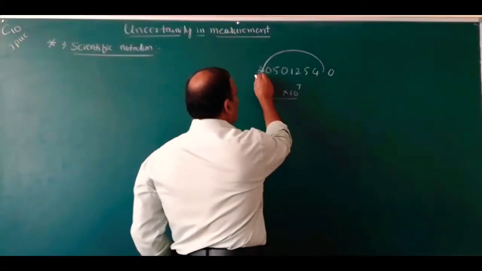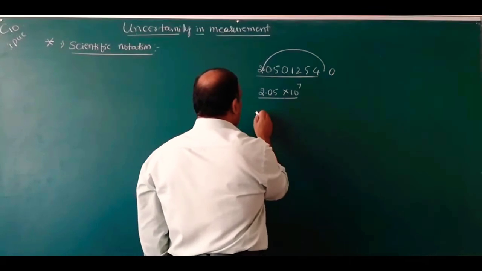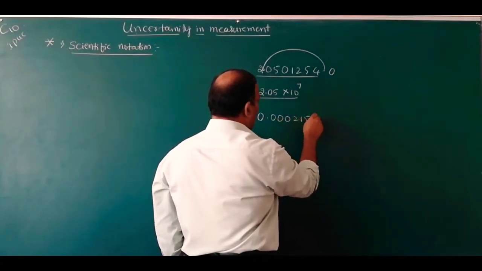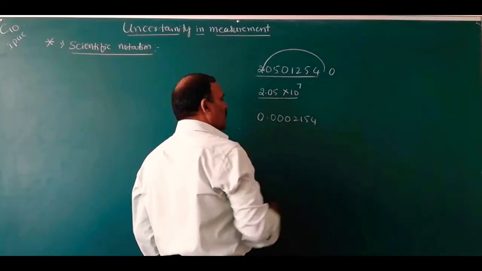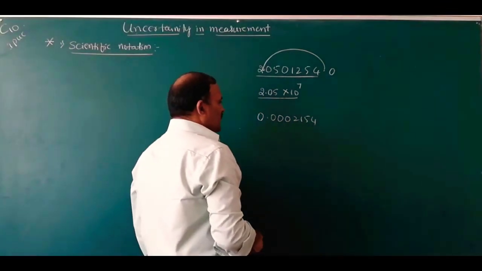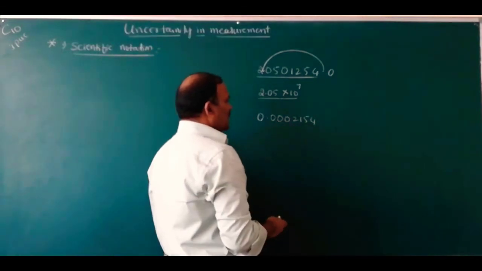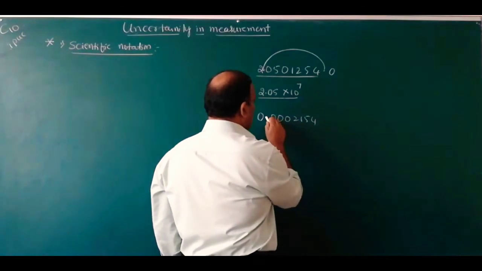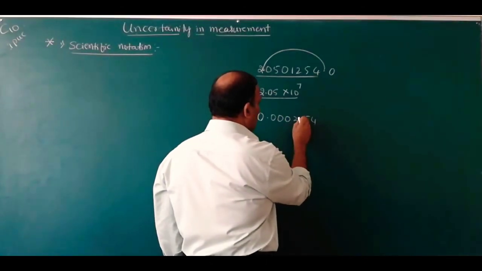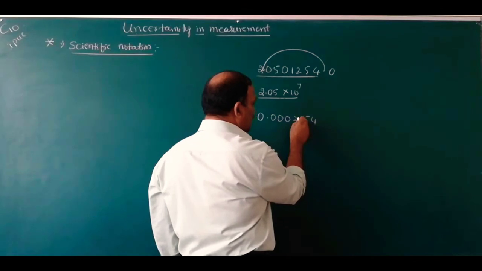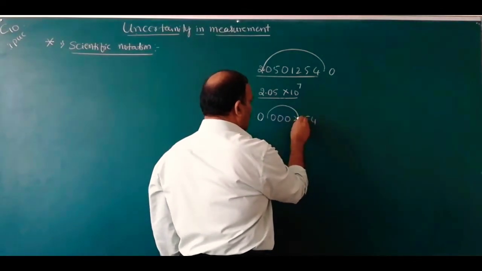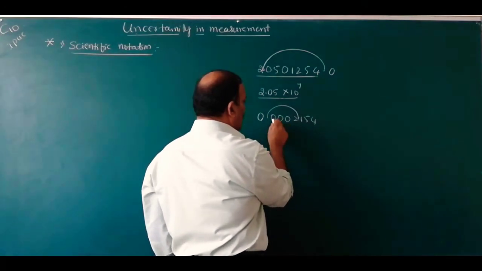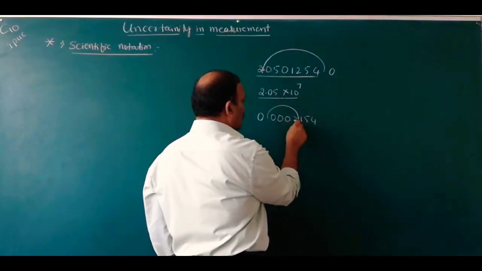This is a very big number. Also there are very small numbers like 0.0002154. This number will also be represented in the form of an exponent. This decimal point should be shifted to here after one digit. How many digits have we shifted towards right? 1, 2, 3, 4.